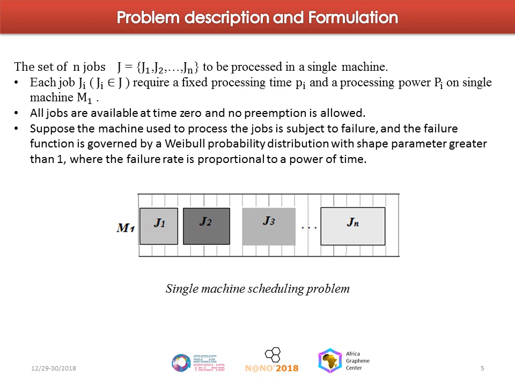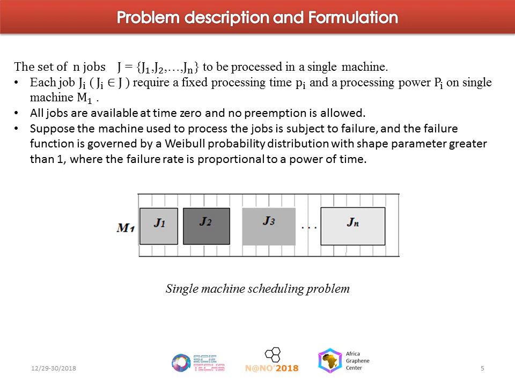For the Weibull probability distribution, it is beneficial to perform PM during production in order to reduce the risk of unexpected machine failure. Thus, in this presentation, PM can only be performed before starting a job or after finishing a job.